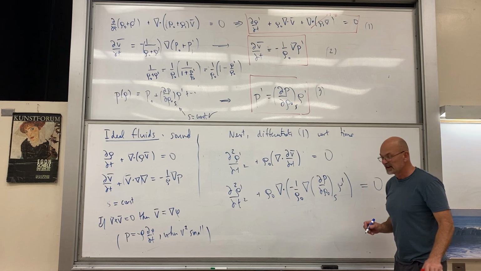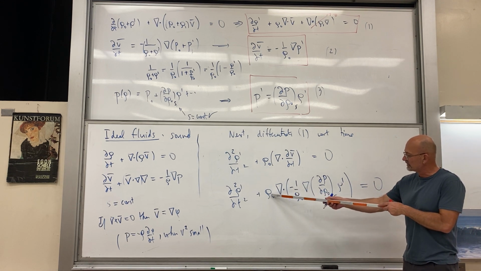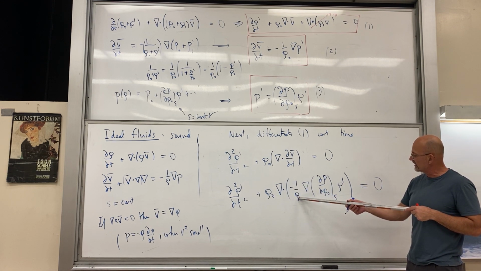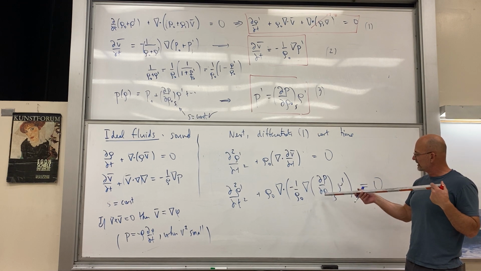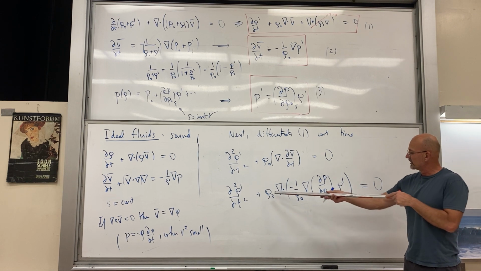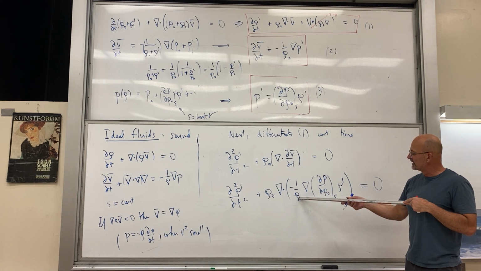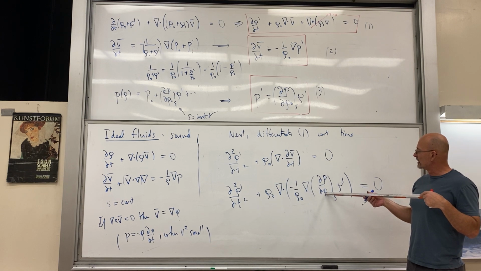Good. So now we have a bunch of constants. Rho 0 is a constant here, rho 0 is a constant there. This derivative taken at constant S is also a constant. So this cancels and this derivative comes out.